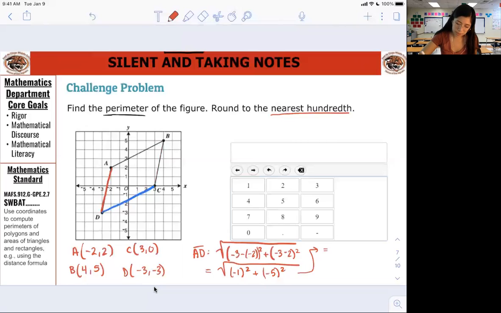Well, that's going to be 1 plus 25, which is 26. So I have the square root of 26. If that's the square root of 26, then so is this one. Now I can take the square root right now, but I'm going to leave it for just a moment so I can show you guys what I mean.